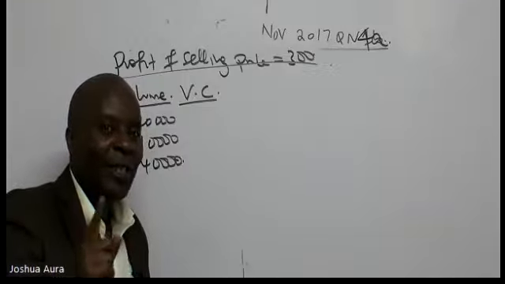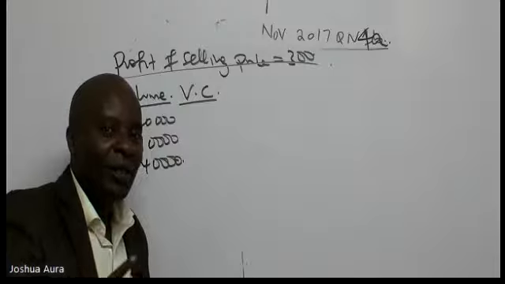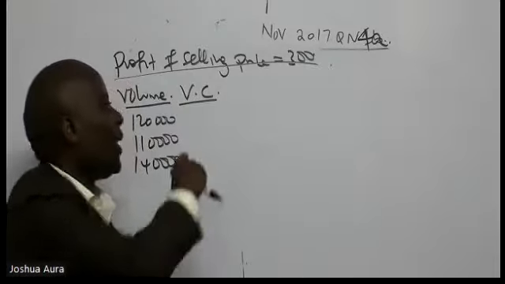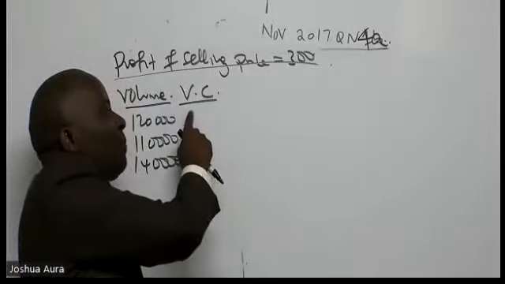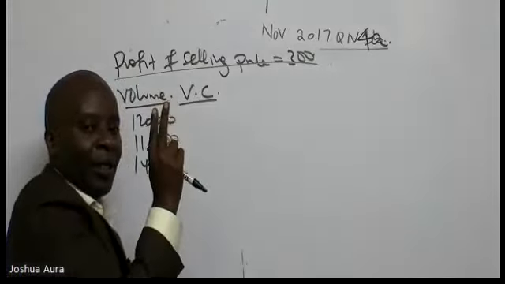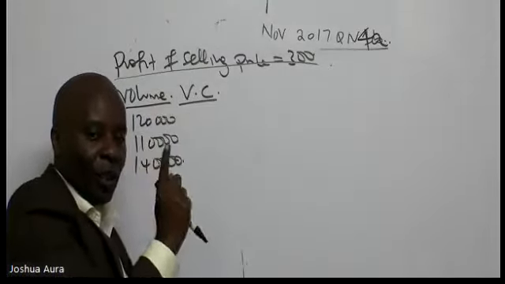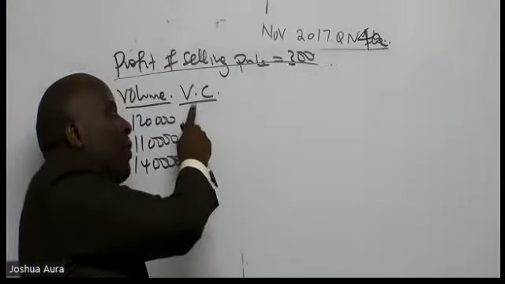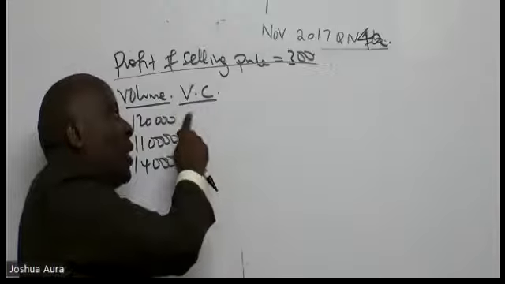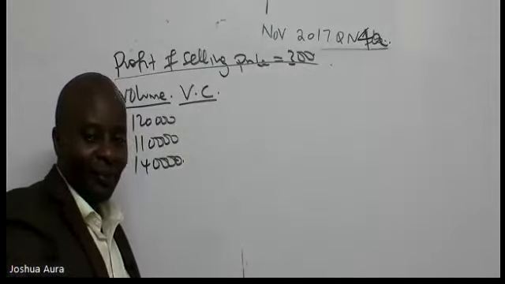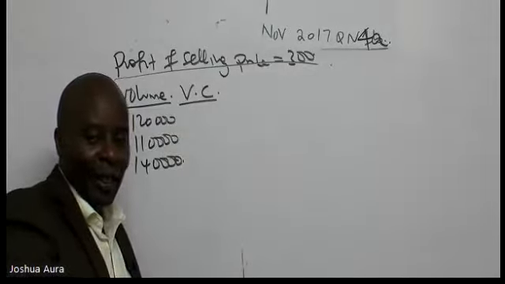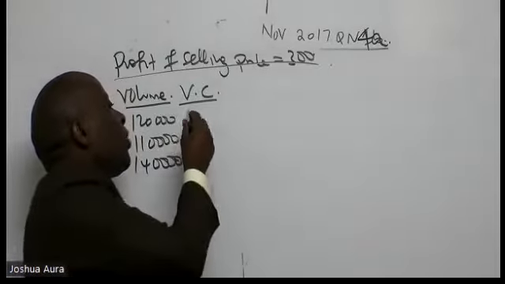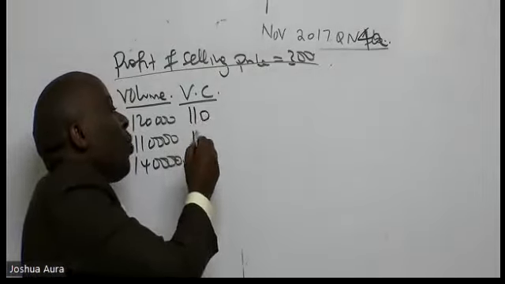So I would want to see whether I've got a bright student here who will be able to interpret and give me the variable cost for this one. Remember, there are 2 possibilities: the variable cost could either be 120 or 110. Which one should I use here? Throughout, we shall use 110.